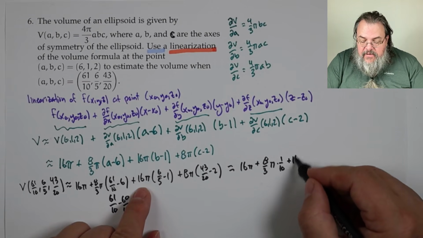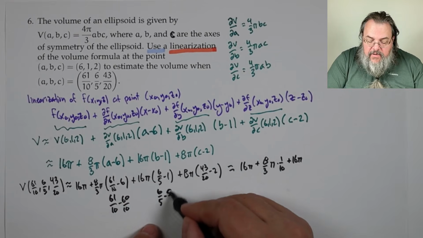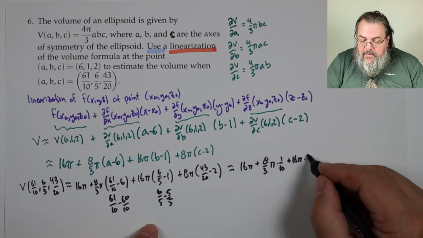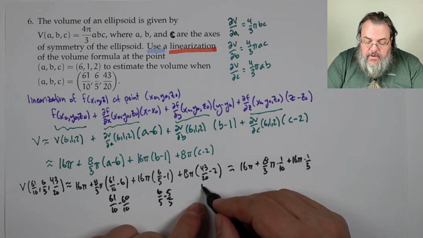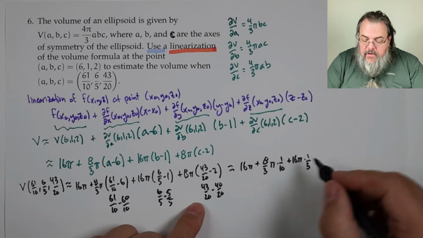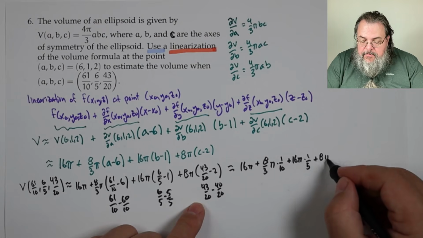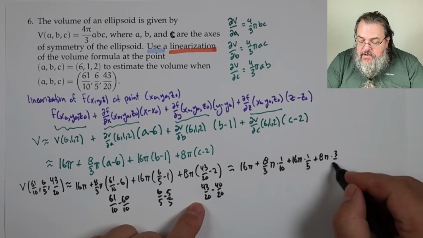Plus, we have 16 pi. And here, 6 over 5 minus 5 over 5. So times 1/5. Here, we have 43 over 20 minus 40 over 20. So plus 8 pi times 3 over 20.